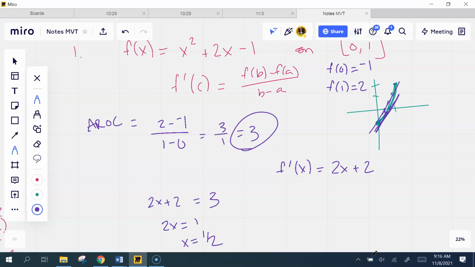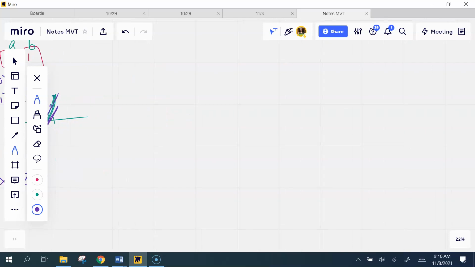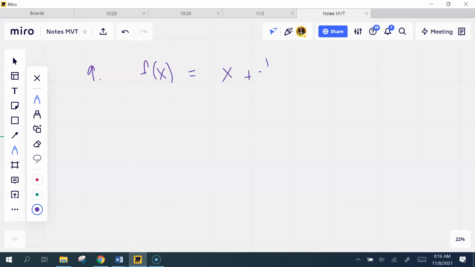Okay, let's do number 9. Same process here, just worded a little bit differently. I have an interval. And the first thing I'm asked is, let A equal (a, f of a).